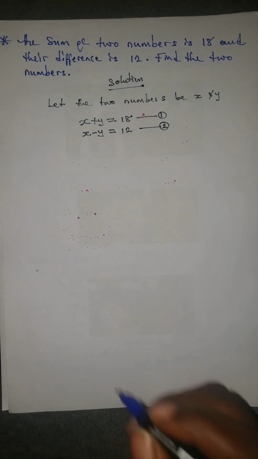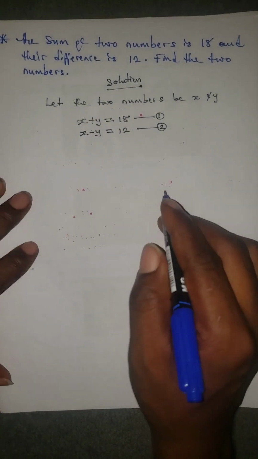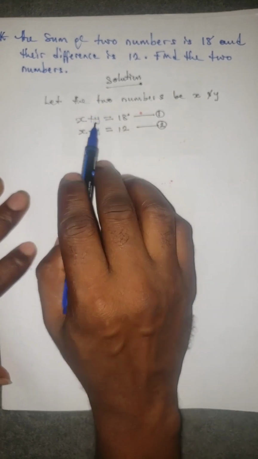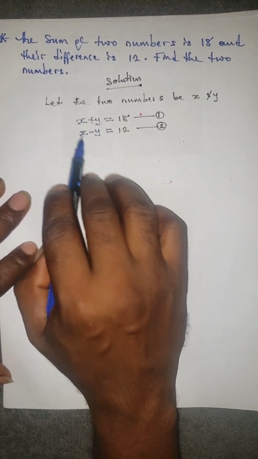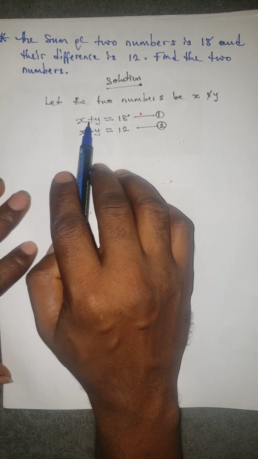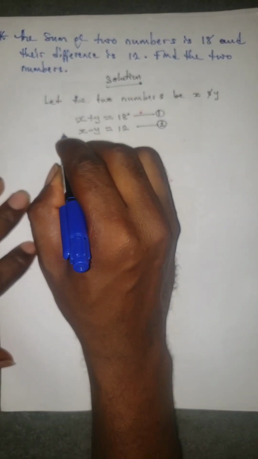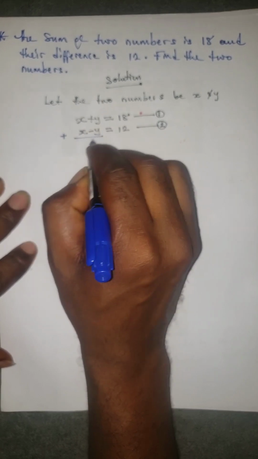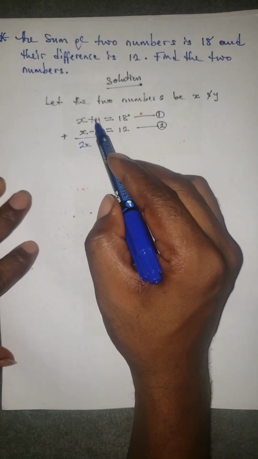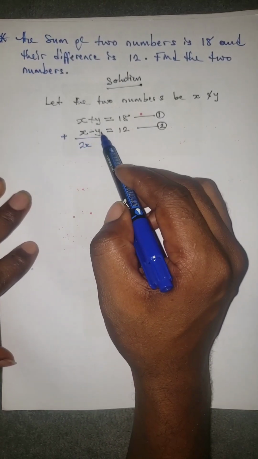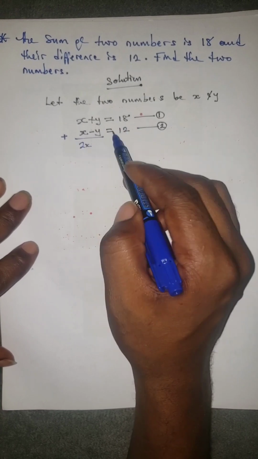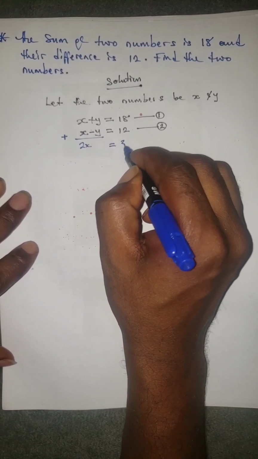Now when you do the elimination method here, from the nature of the equations, you can actually add or subtract. When you add, you are going to have 2x; y plus minus y will go; 18 plus 12 will give you 30.